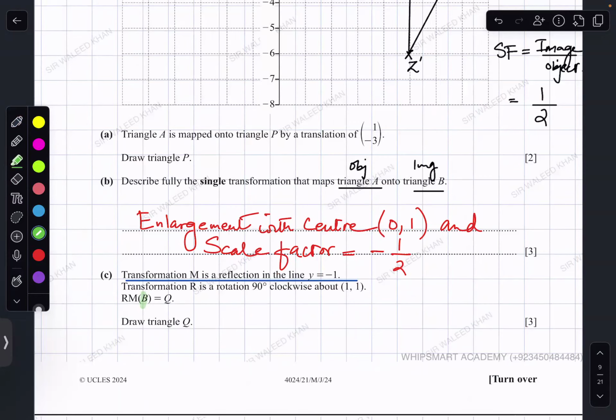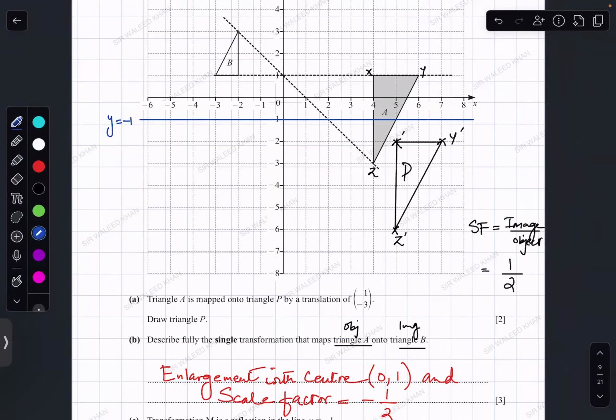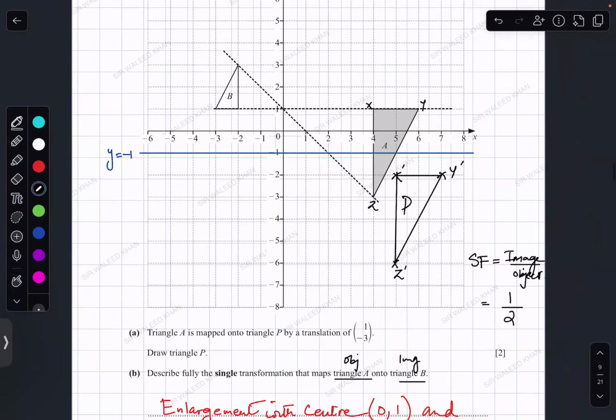So I will reflect triangle B like this. And let me label the vertices as well. Let's say this is P, this is Q, this was R. So our P prime will be how many places? It is 4 boxes from the line of reflection. So that means it will be 4 boxes over here. So here we have P prime.